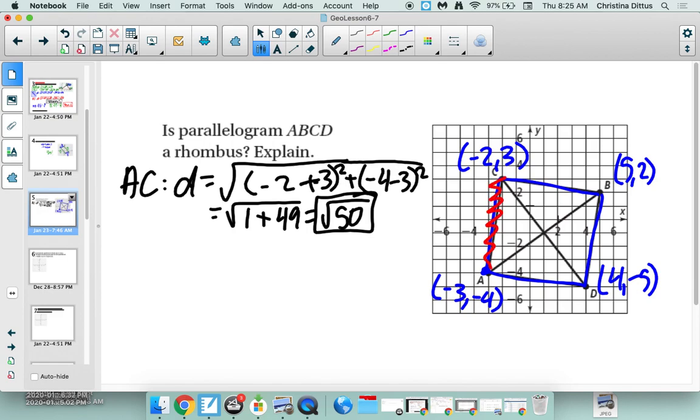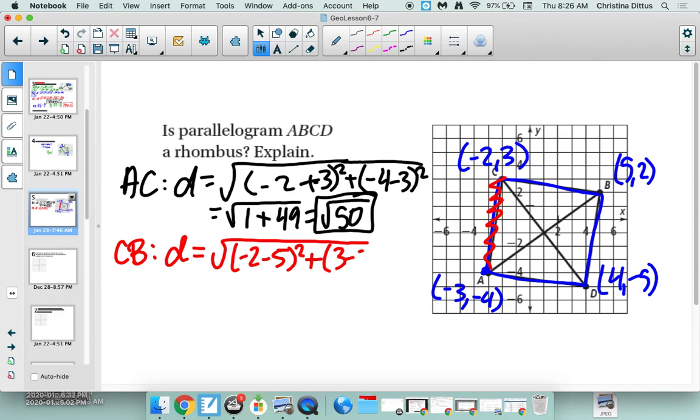Okay, let's check CB. That is a lot of work. Give me my x's. -2 and 5. -2 minus 5 squared plus 3 minus 2 squared. -2 minus 5 is -7. -7 squared is 49. 3 minus 2 squared is 1.